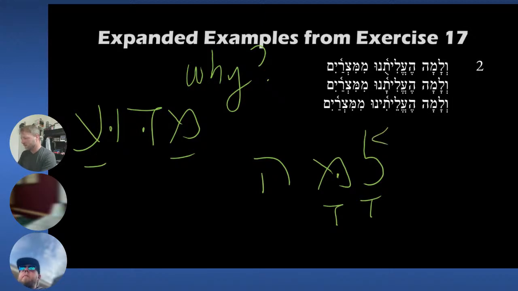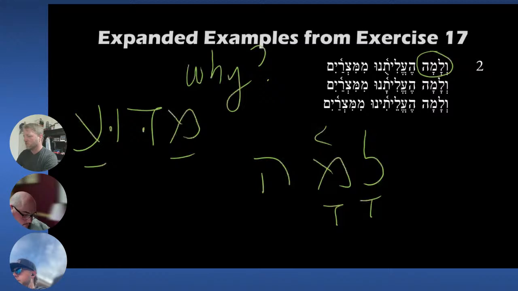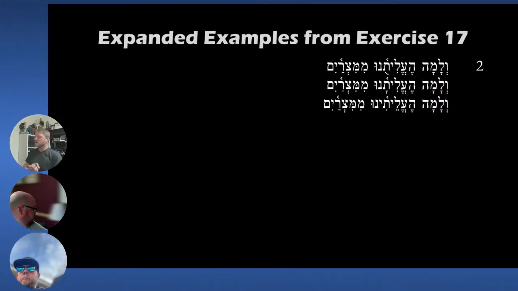Notice that the middle is doubled, lamma. And here it is velama. Lama and lamma mean the same thing, and madua also means the same thing. Why is this form chosen over the other one? I have no idea. They're the same thing.